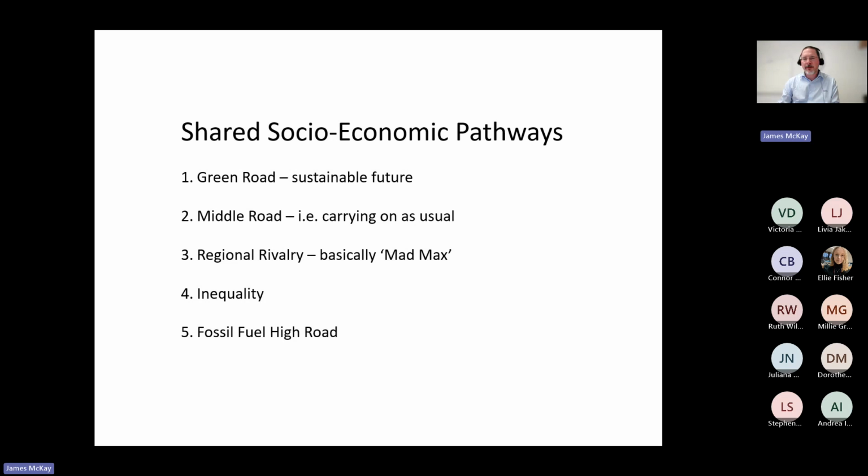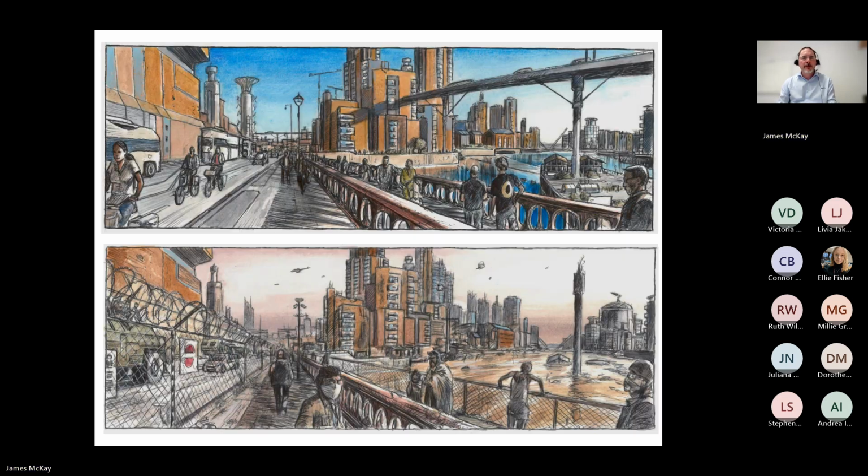So I often get asked by researchers who are modelers to produce images that convey their research into different versions of shared socioeconomic pathways. Here we have a picture of Leeds under different pathways.